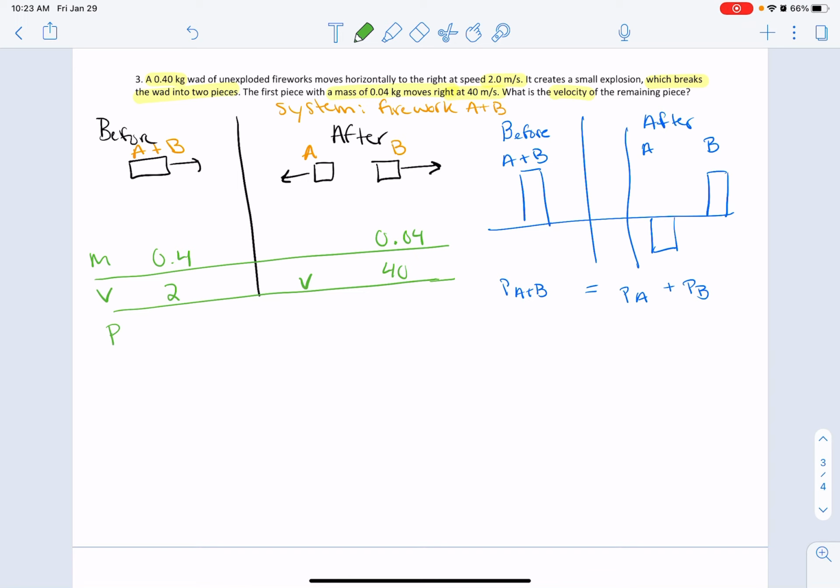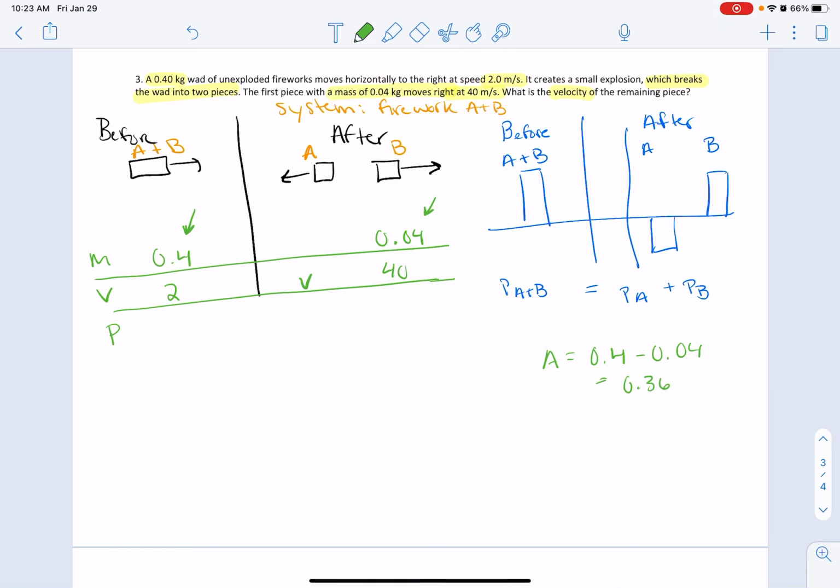Go ahead, what do you think is the mass of A? Well, let's take a look at this together. If its total is 0.4 and B splits off of it 0.04, A is going to be 0.4 minus 0.04, which gives us a mass of, let's put this in a calculator, 0.36.